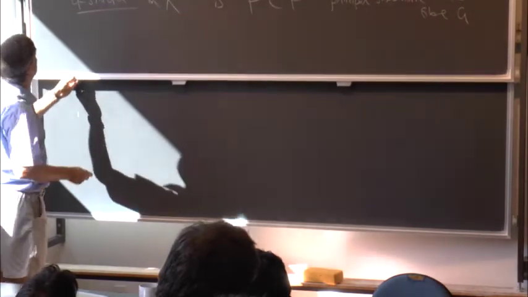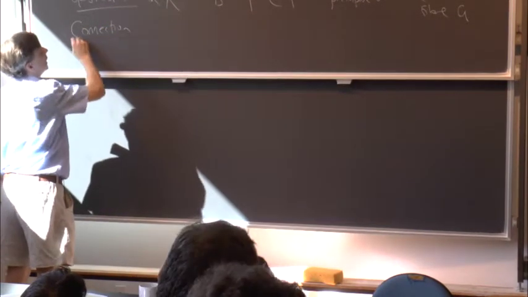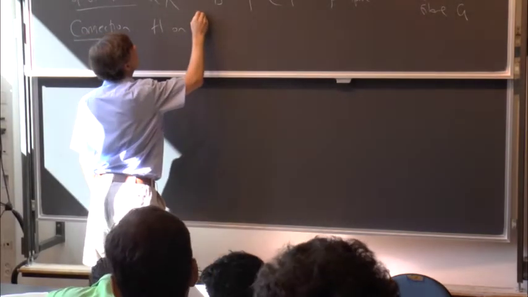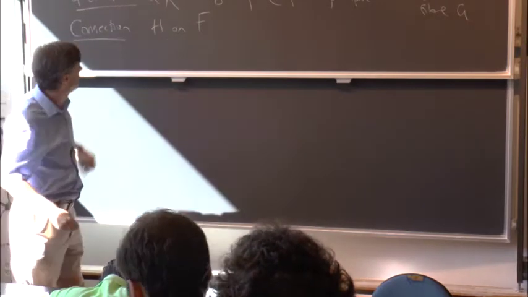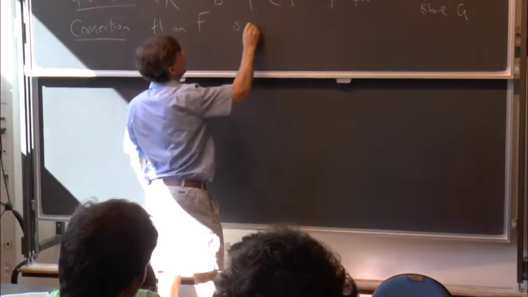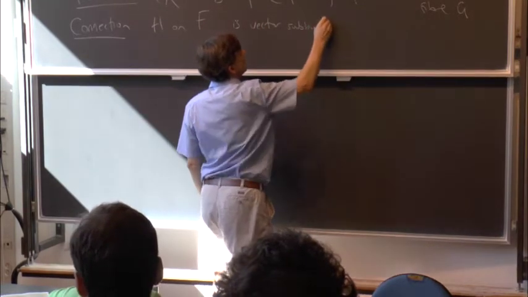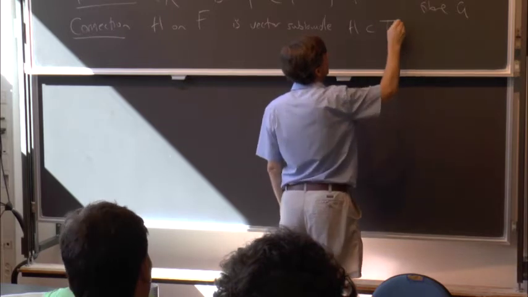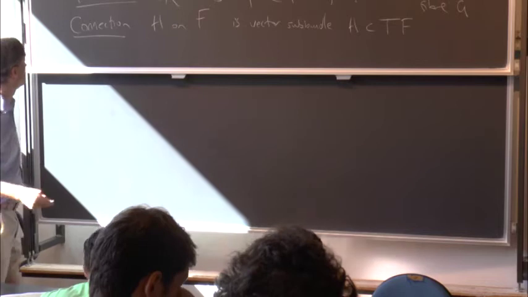Also, a connection H on F, the principal frame bundle, is some vector subbundle H sitting inside T, the tangent bundle of F, satisfying some conditions.